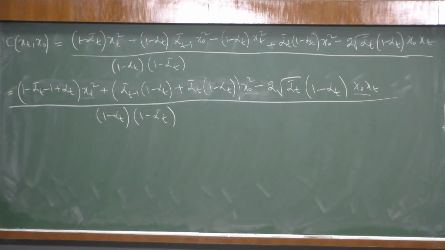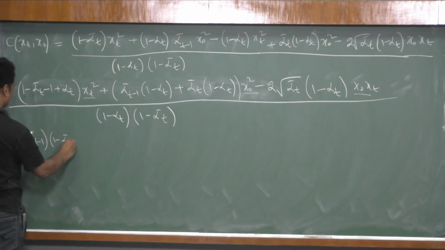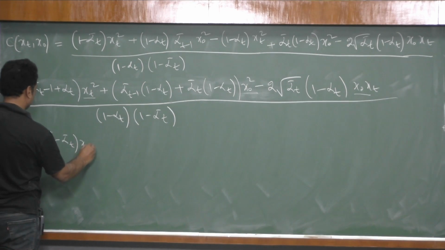Okay, so I think we will factor this now, and the reason is that alpha bar t can be written as alpha t times alpha bar t minus 1. So that will help us to factor this. So this is 1 minus alpha bar t minus 1, 1 minus alpha bar t, xt squared.